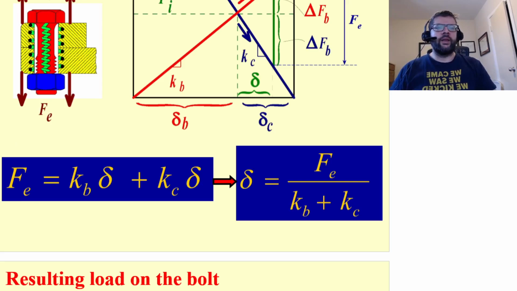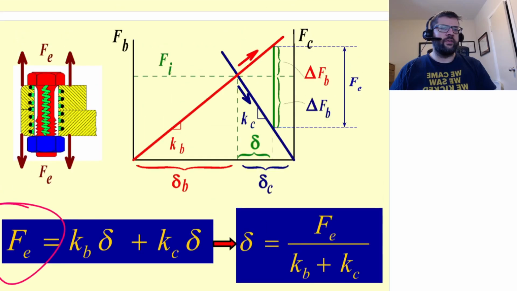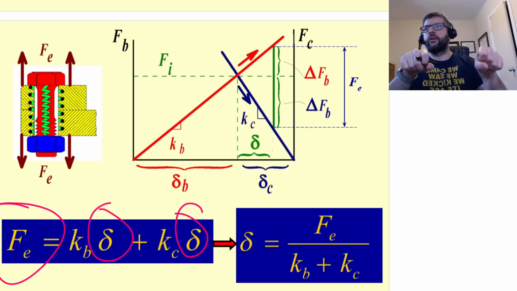So when we apply that force, it is going to cause a certain amount of displacement, and those displacements are the same, right? Because we're stretching the joint itself, the bolt needs to stretch by a certain amount, and that same amount of stretch is going to be the same amount of decrease in the compression of the joint.